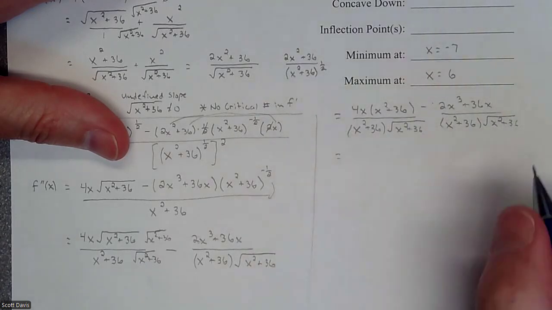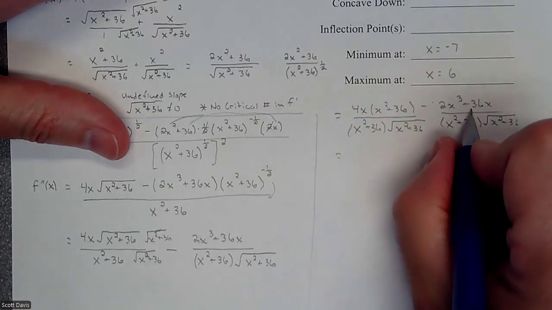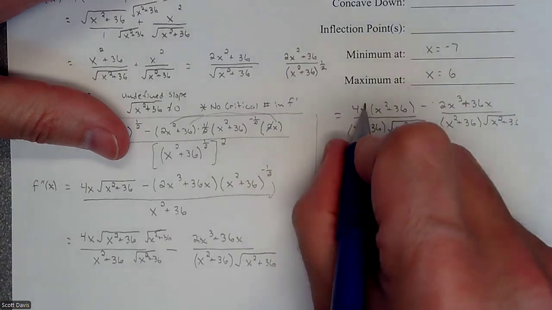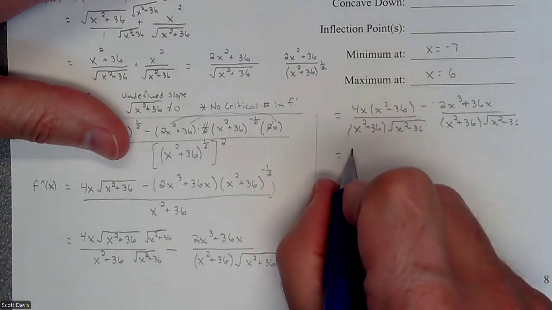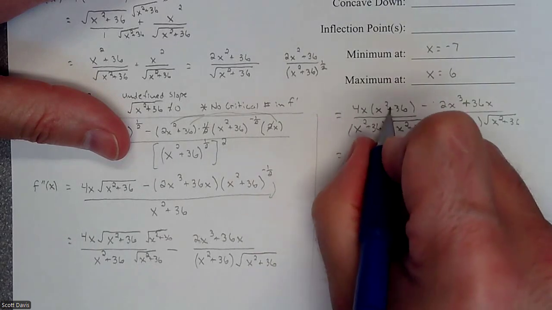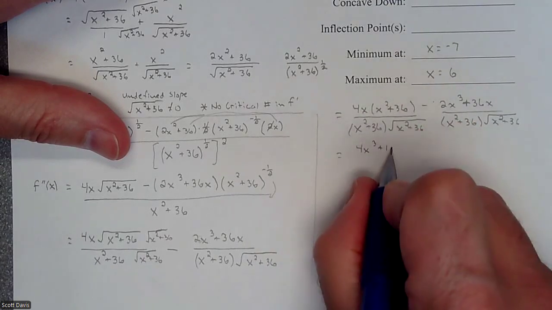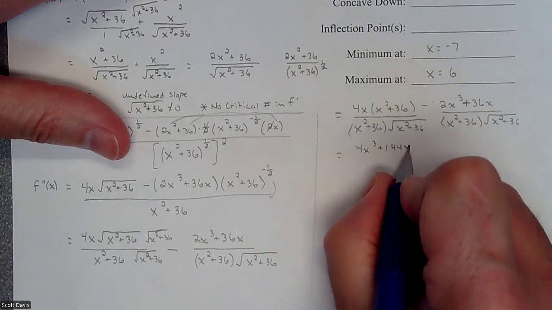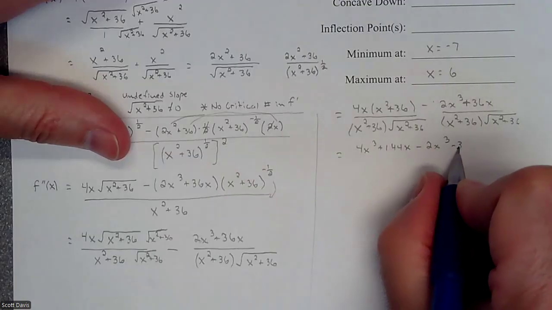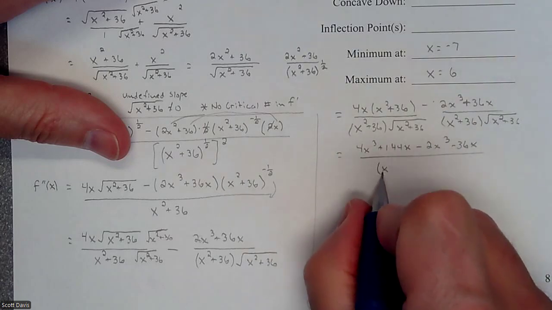One last thing. Let's combine our like terms. Don't forget that you're subtracting a 2x cubed and subtracting a 36x. So when we distribute this together, we're going to get a 4x cubed plus this multiplied together is 144x minus a 2x cubed minus a 36x over the common denominator.